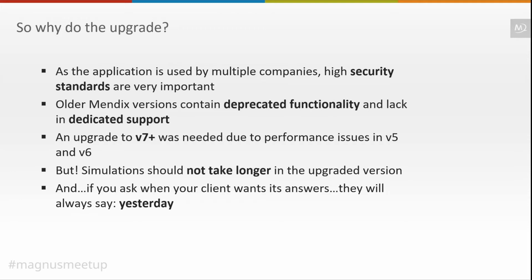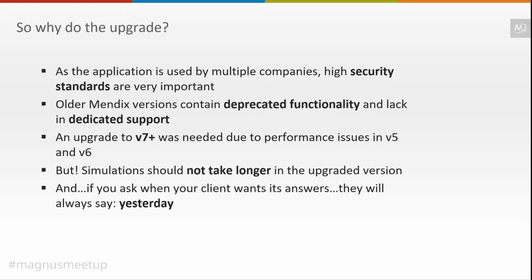So why would you do an upgrade of V4 to V7? Well, of course you have to deal with security standards, especially if you work with an application that's being used by multiple companies. We see in a lot of those versions deprecated functionality, and some of the versions aren't even supported anymore by Mendix.